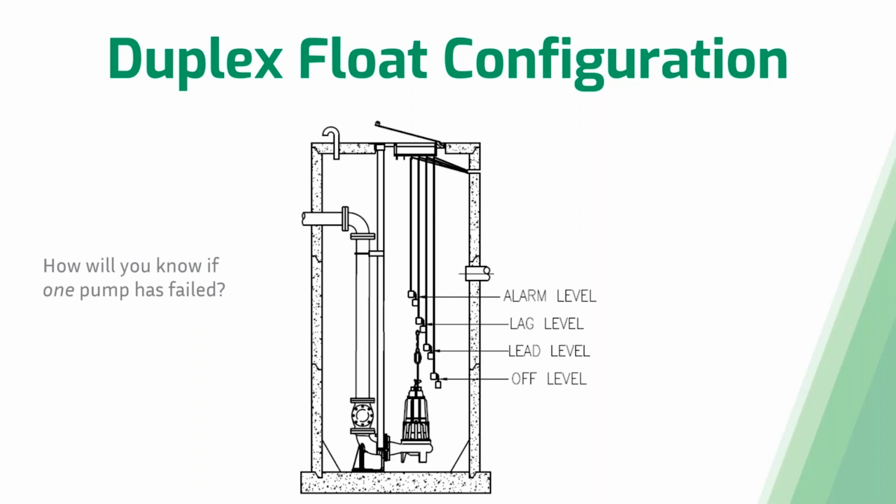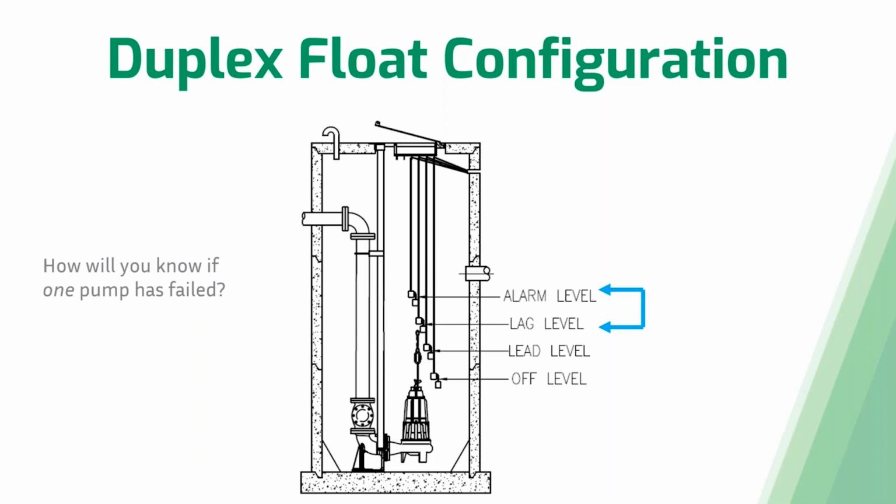The problem is that the alarm float was never called, therefore nobody knew that a failure had occurred. The way to fix that is to swap the lag and alarm floats if you want to keep using a 4-float arrangement. That way, the alarm float will go up first, send an alarm to the control panel, and then the lag float will come on and turn that second pump on.